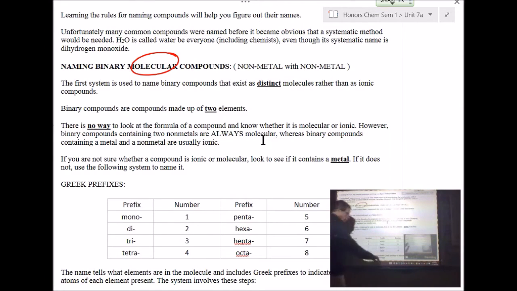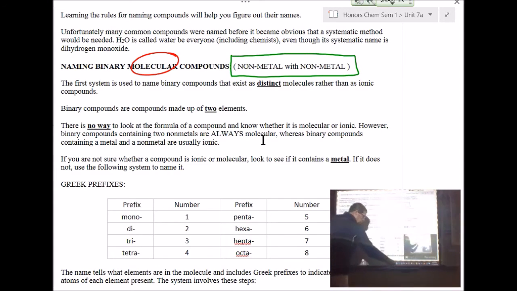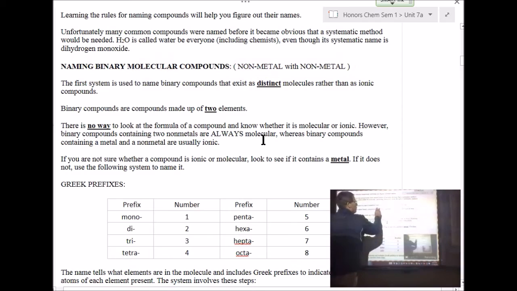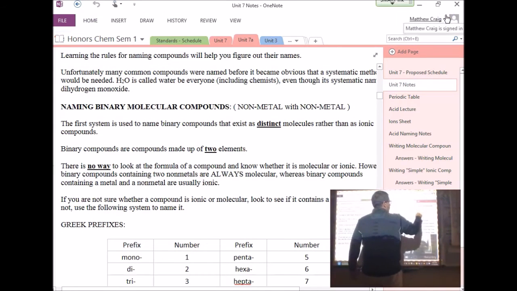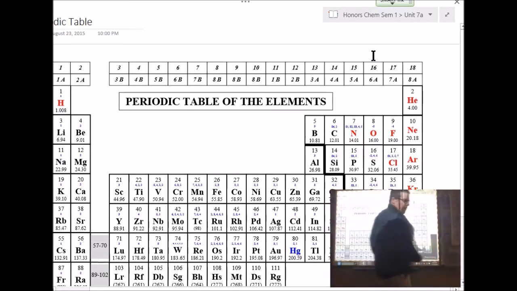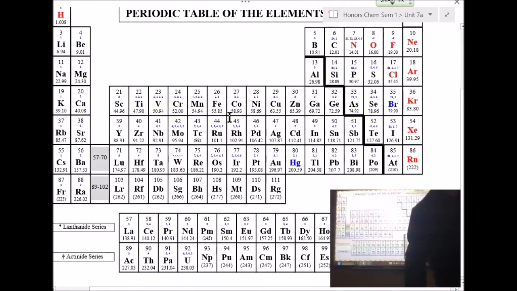So whenever you hear me say, ooh, that's a molecular compound, what I'm actually referring to is that I have a compound that's made up of only non-metals, which is a really small portion of the periodic table. So when we look at the periodic table, we're talking about a very, very small area here on the periodic table.